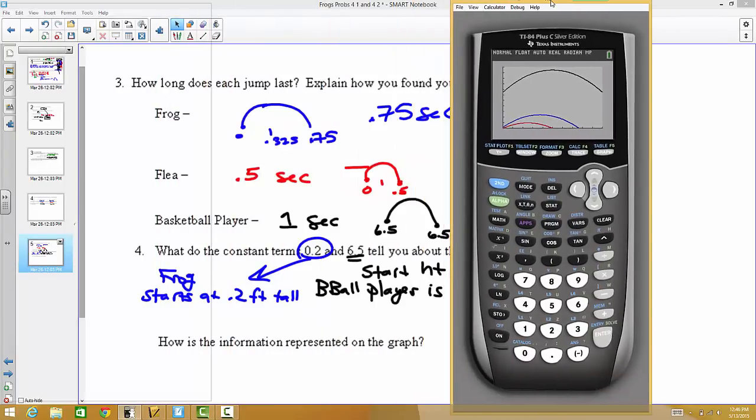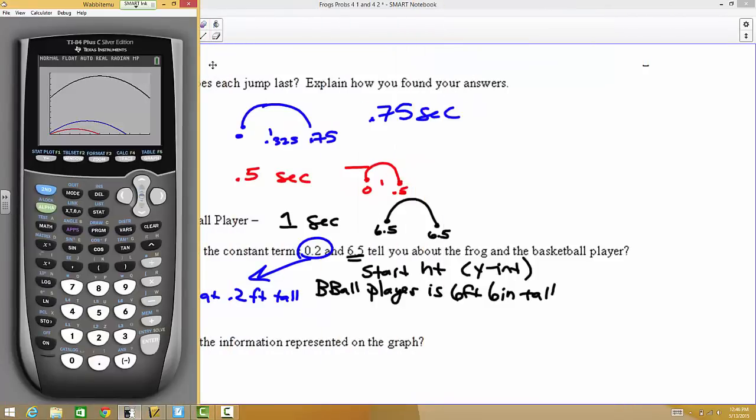So this last question says, how is the information represented on the graph?